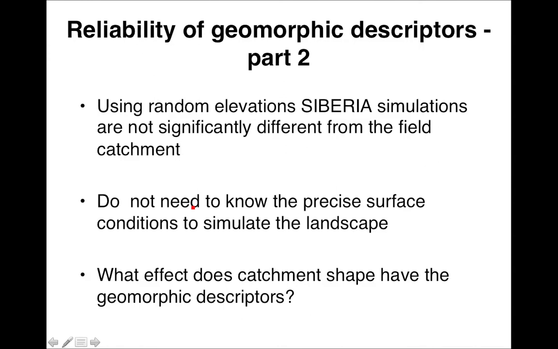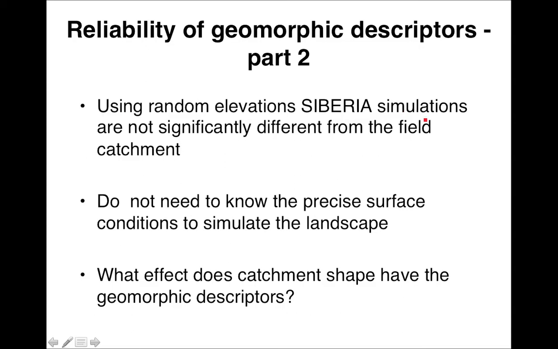So Greg suggests that initial conditions are not important, but I can say now from work that I've done, when you have strong eco-geomorphic feedbacks, potentially those initial conditions are important. In a second part of his work, he assessed the reliability of the geomorphic descriptors, right?